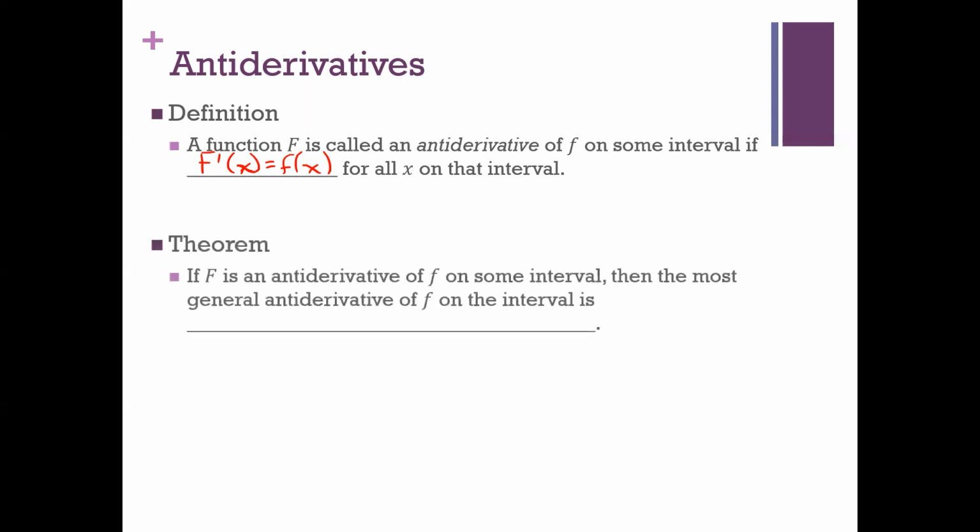So, theorem: if capital F is an antiderivative of f on some interval, then the most general antiderivative of f is this. And I just showed it to you, basically. First thing I asked you was, give me a function whose derivative is 4. And in just a couple of seconds, you realized that you could give me an infinite number of things.